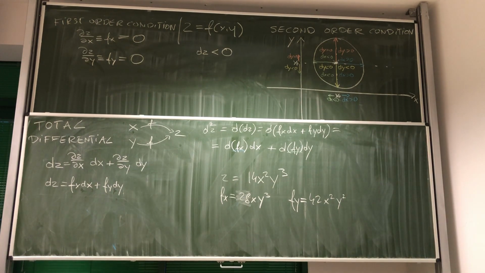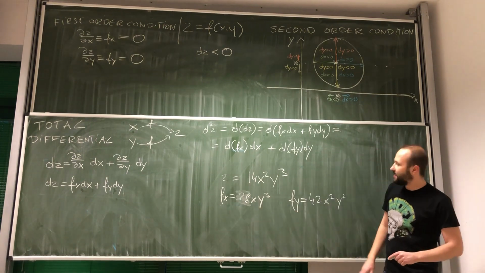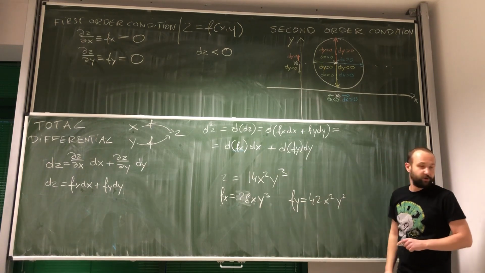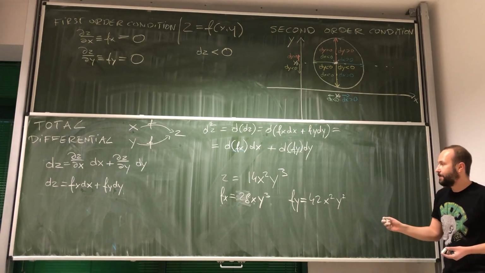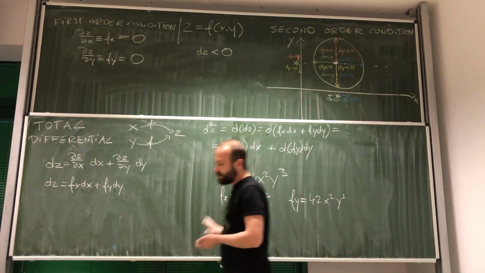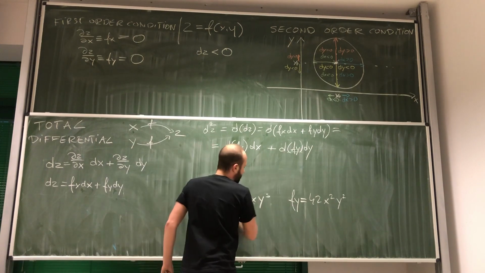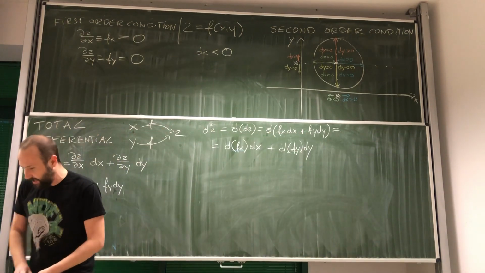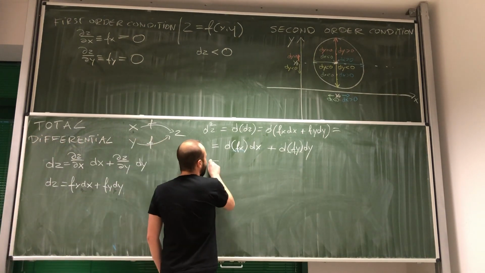So look what happens. The derivative with respect to x is a function of both x and y, and the derivative with respect to y is also a function of both x and y. We need to take this into consideration when we proceed with calculating a differential.